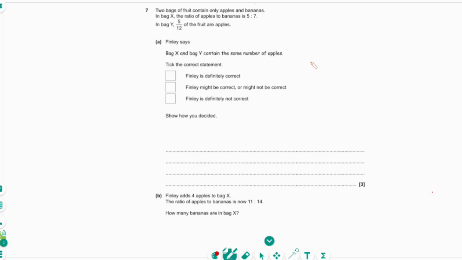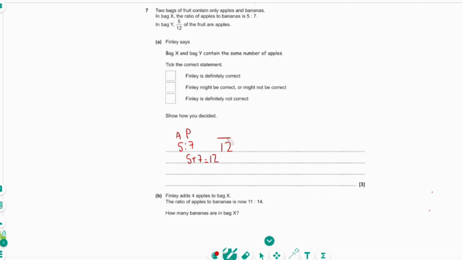2 bags of fruit contain only apples and bananas. In bag X, the ratio of apples to bananas was 5 to 7. In bag Y, 5/12 of the fruit are apples. So in bag X, the total amount of fruit, as a proportion, is 12, because 5 and 7 is 12. So what fraction in its simplest form are apples?